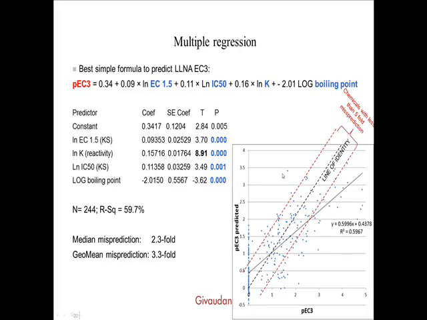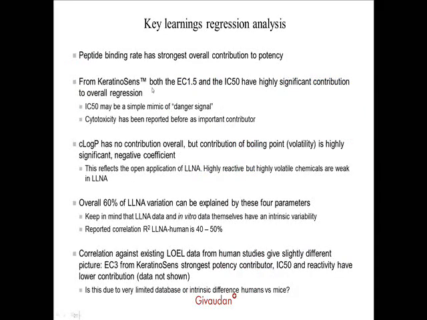What we can learn from that is we see contribution of different parts. First, we see that peptide binding rate has, as a single parameter, the strongest overall contribution. Then we see from carotenosense we have two parameters which are highly significant. It's first of all whether it induces the luciferase at which level, but also cytotoxicity is very important, and this is in line with what has been published before.